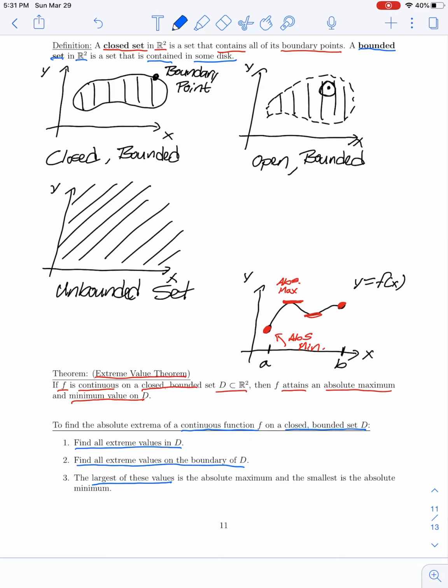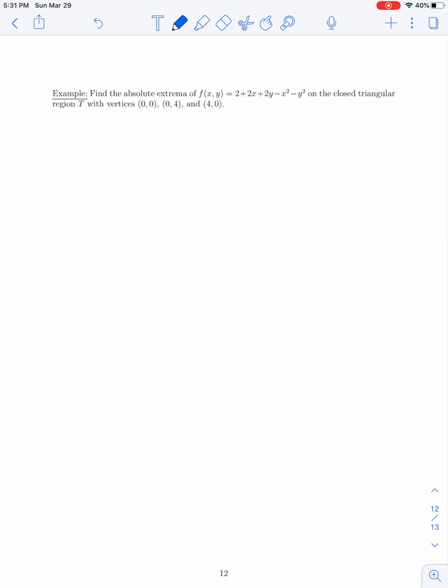Once we have the largest and smallest values in the interior of our set and the largest and smallest values on the boundary, the largest of those values would be the absolute maximum, and the smallest of those values is our absolute minimum. So let's look at some examples of finding these absolute extrema for functions of 2 variables.